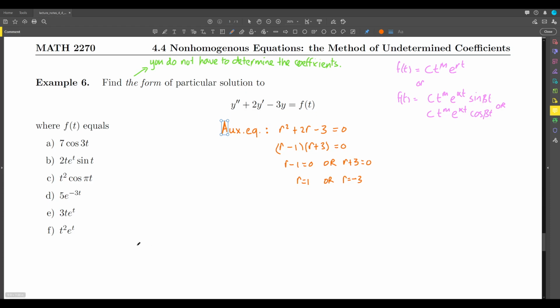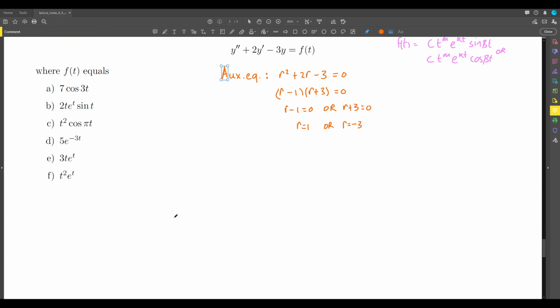So let's take a look at part A. So for part A, we have 7 cosine of 3t as our f of t.